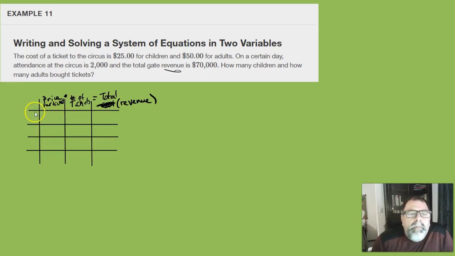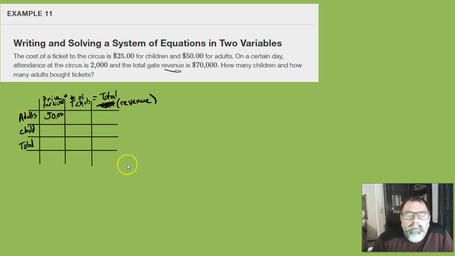Okay, and then on the side, I'm going to do the different types of tickets I'm selling. So I got adults, children, I'll just write child, and then total. Okay, total. So let's see, the price per ticket for adults is $50. I should have just written 50, but that's fine.